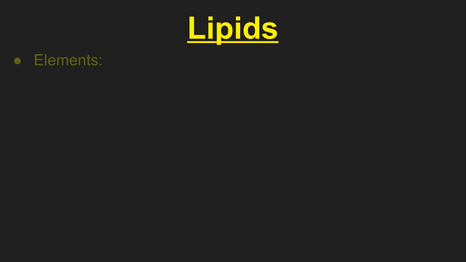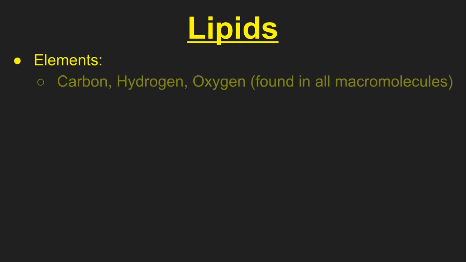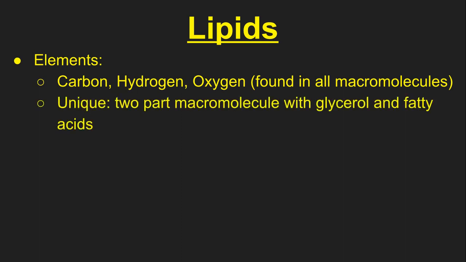As far as lipids go, here we're seeing carbon, hydrogen, and oxygen, as found in all the other macromolecules. The thing that's unique about lipids is they have two parts to them. They have glycerol and fatty acids, whereas with a lot of the other ones we're only seeing one part to the different monomers. Now, something to discuss with lipids: they only have these three elements, carbon, hydrogen, and oxygen.